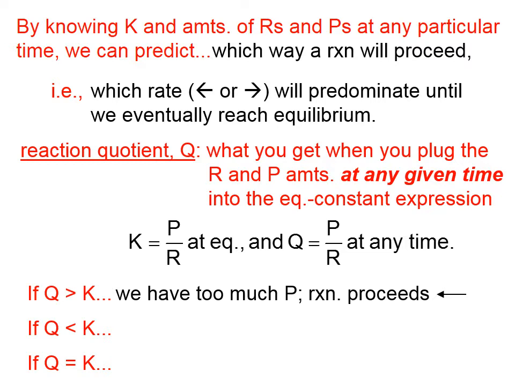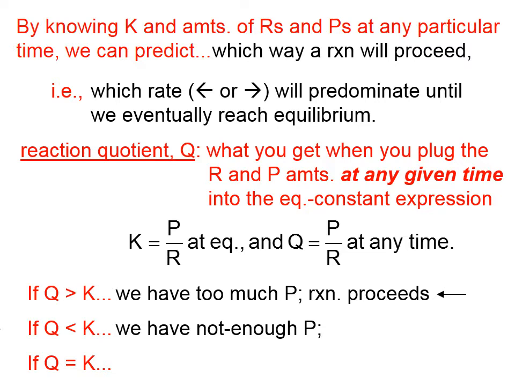If we go to the next point, if Q is smaller than K, again, look at the fractions here, two-thirds of the way down the page, where it has the K and the Q. If Q is smaller than K, that must mean that we don't have enough products compared to what we should have at equilibrium.